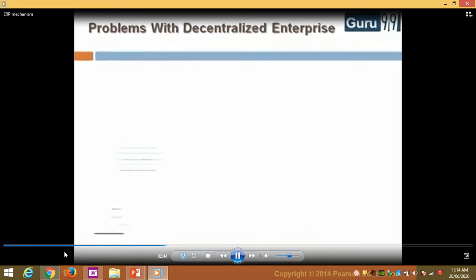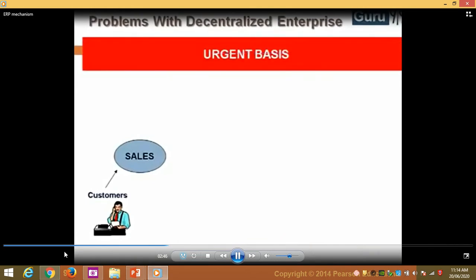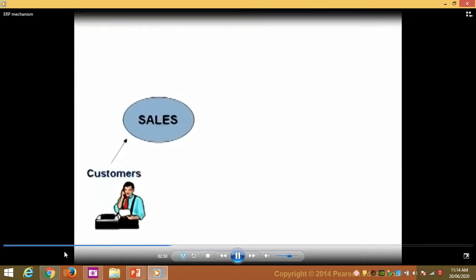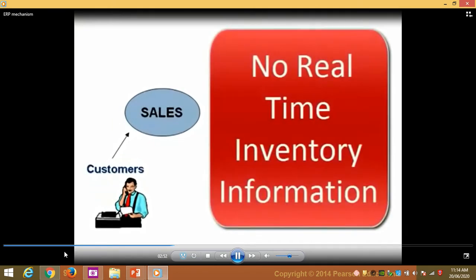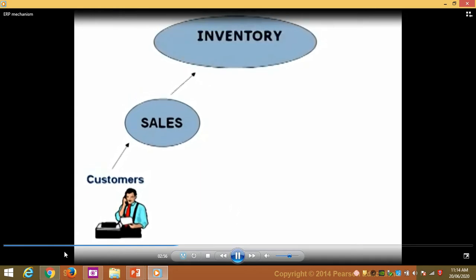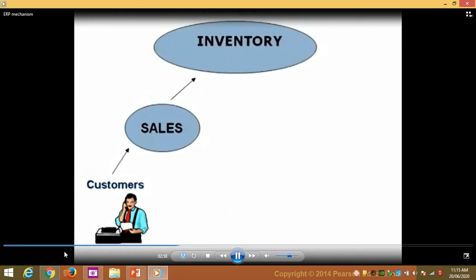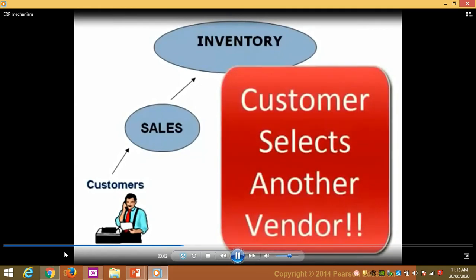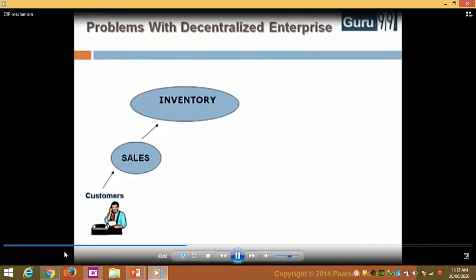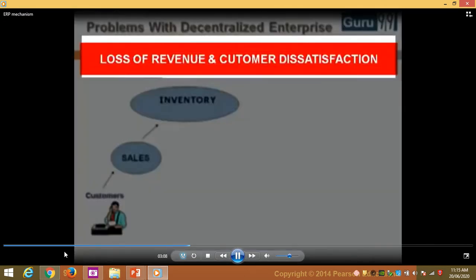The customer approaches the sales team for a product, but this time he needs the product on an urgent basis. The sales team does not have real-time access to the product's inventory information, so they approach the inventory department to check the availability of the product. This process takes time, and the customer chooses another vendor, leading to loss of revenue and customer dissatisfaction.